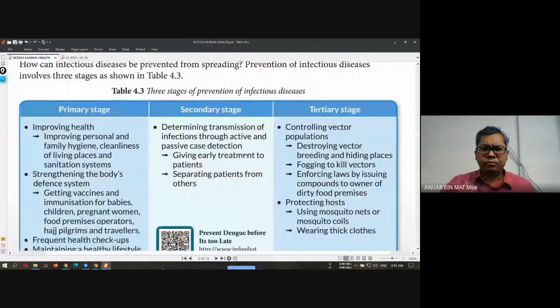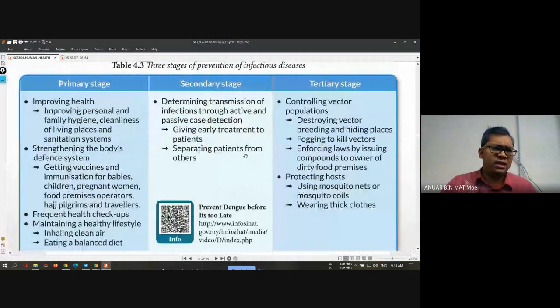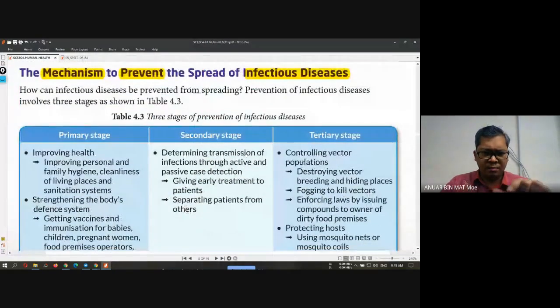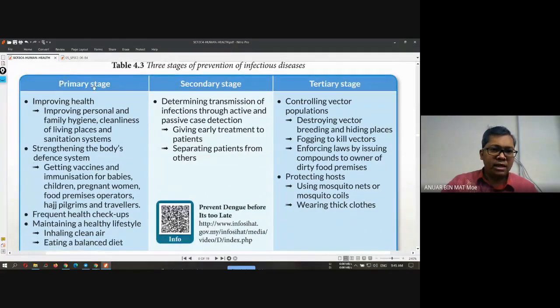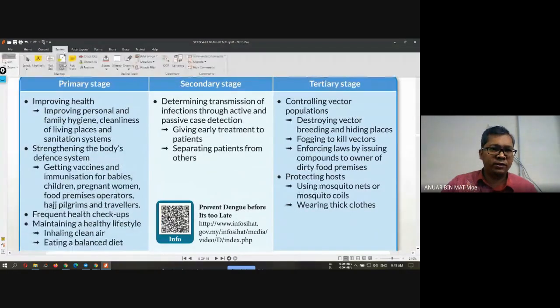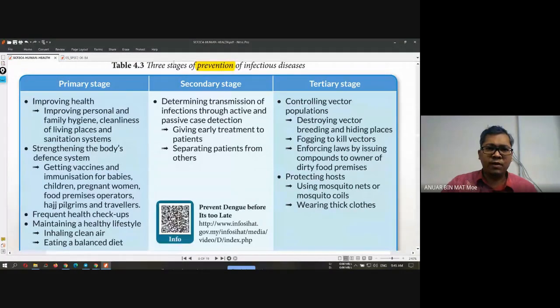Okay, so how can we relate it, or what is the similarity between the SOP and the one in the textbook? Okay, primary stage we have here, divided into 3 stages of prevention.